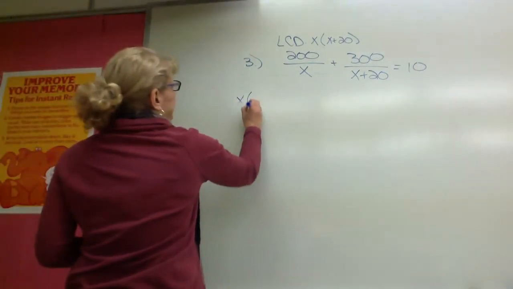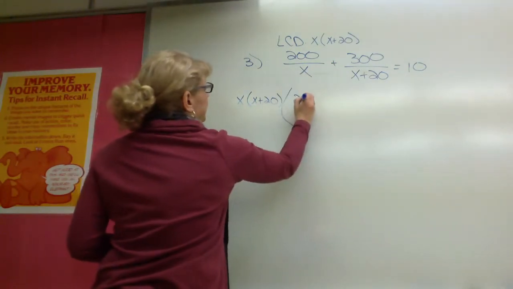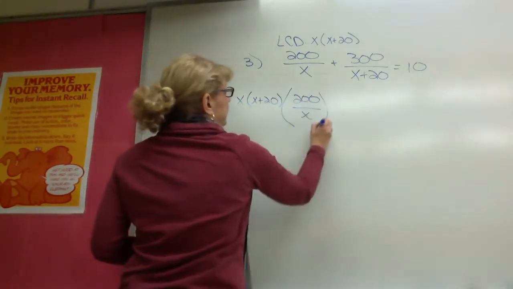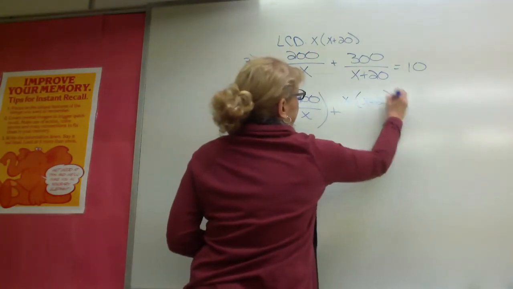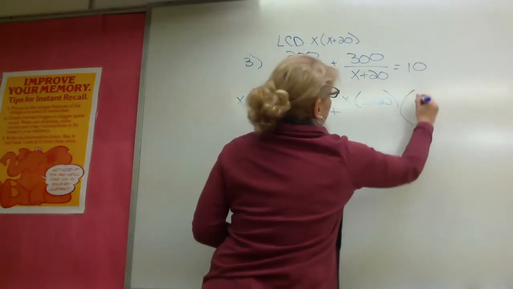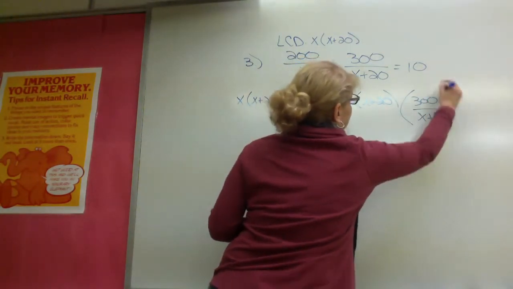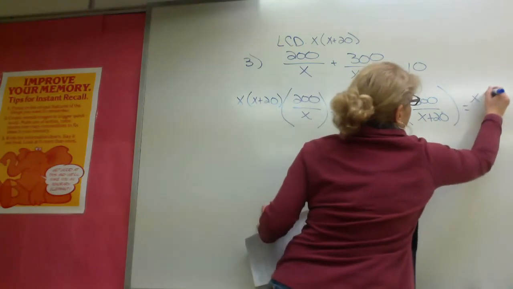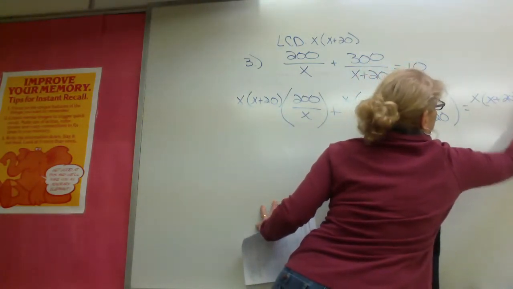So I have x times x plus 20 times 200 over x plus x times x plus 20 times 300 over x plus 20 equals x times x plus 20 times 10.